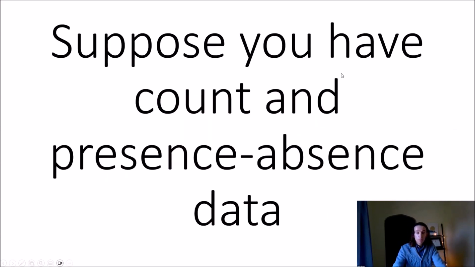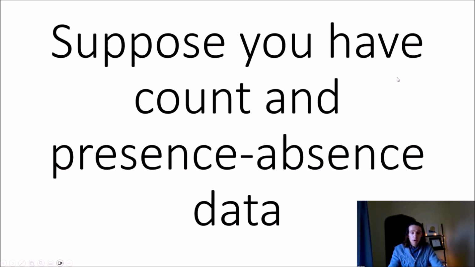So I'll walk through an example of how you make that integration process work in a model, and make different data types work together and tell you information about this shared ecological pattern.